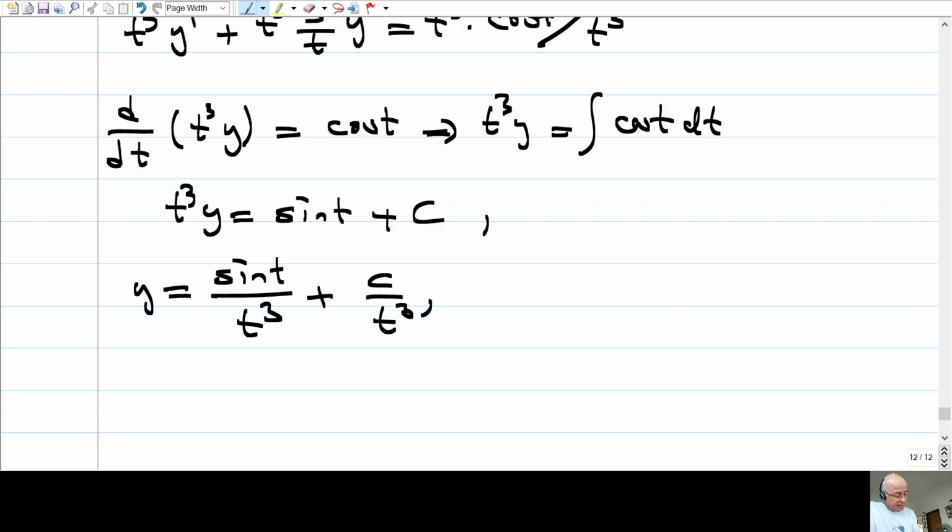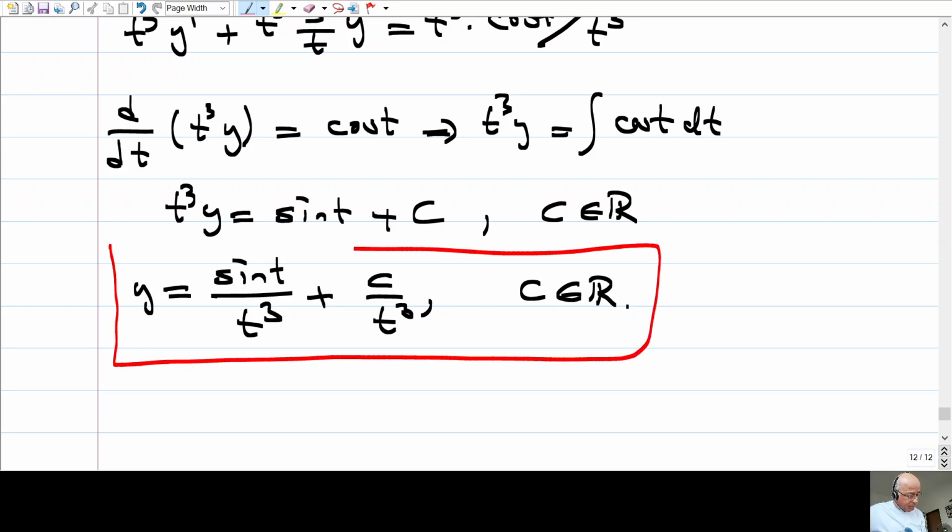And here c is of course any real number. So for any real number c, I have a solution. As I said earlier, once we see the existence and uniqueness theorem, we will see that this is the list of all solutions of the differential equation.